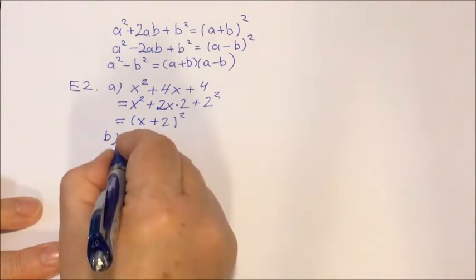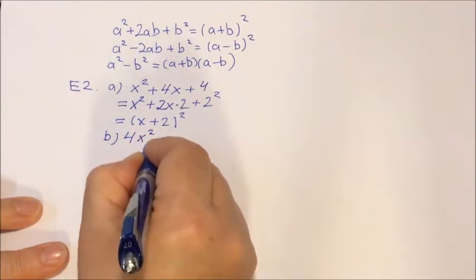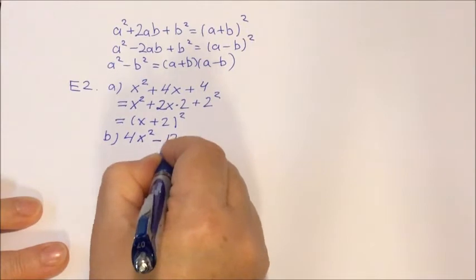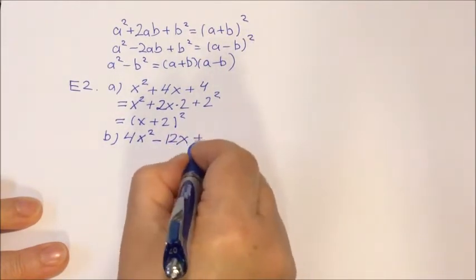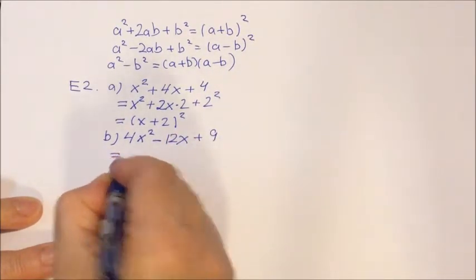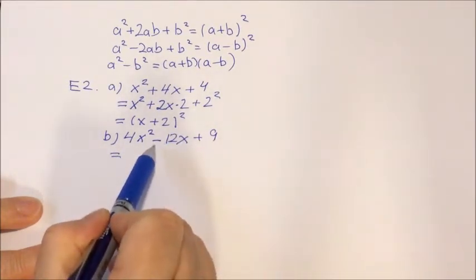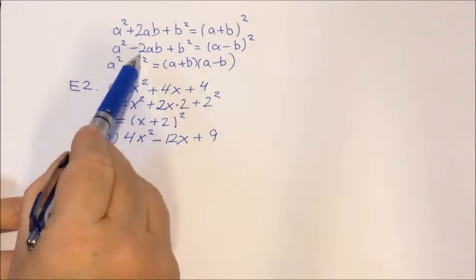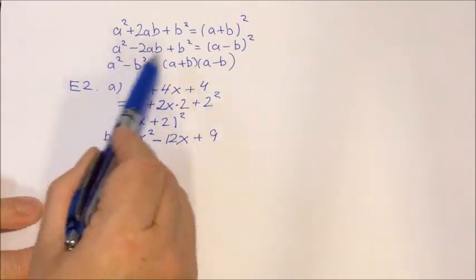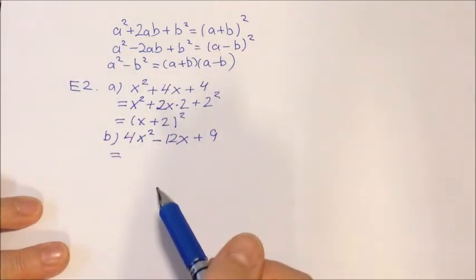Another example: 4x squared minus 12x plus 9. This has 3 terms and it has a minus sign for the middle term. This formula might be suitable in this case.